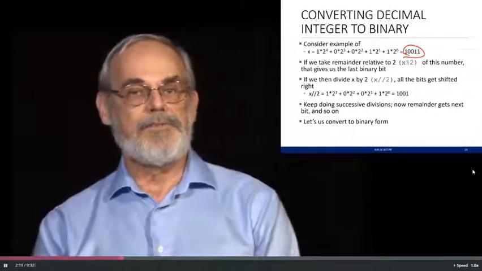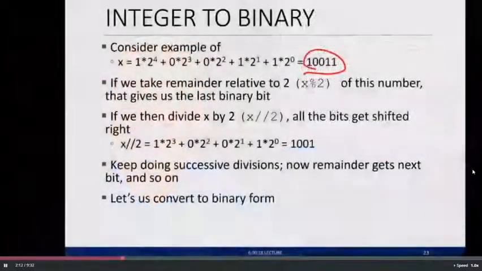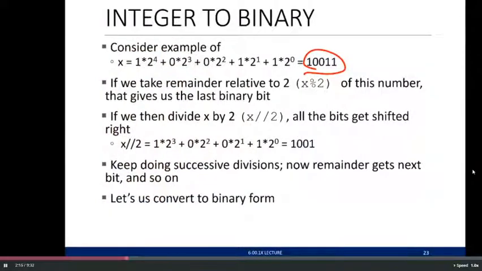Well, what I can do is the following little trick. I can take the remainder of that number relative to 2. And that remainder actually gives me the last binary bit. It'll give me this bit right here, because that's the remainder that's left when I divide by 2. If I then take x and divide it by 2, integer-wise, using that double slash idea, all of the bits get shifted right.